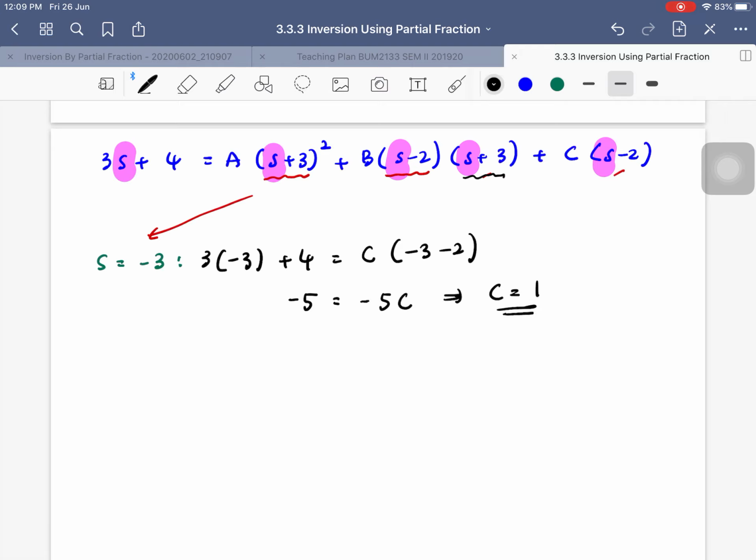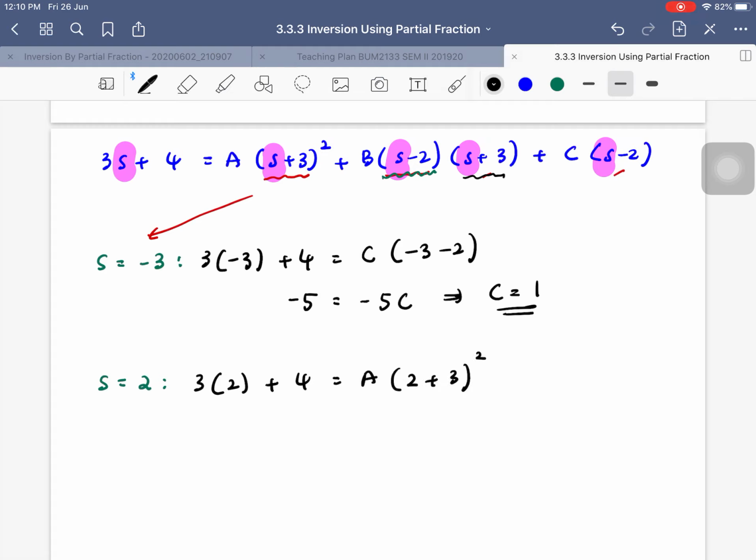And then I'm going to find the second constant value. Again, if I use this linear factor right here, s minus 2 equals 0, that will be the case when s is equal to 2. So now, everywhere there is s, I'm going to substitute the value of 2. I will have 3 multiplied by 2 plus 4, and that is going to equal a multiplied by (2 plus 3) to the power of 2.